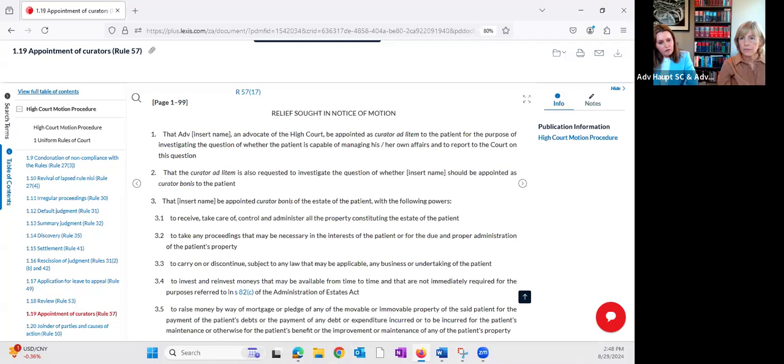So how is your founding affidavit going to speak to that notice of motion? Let's quickly look at the general principles. Again, your mantra for your affidavit is think before you ink. You must know what your relief is. You've got your notice of motion.